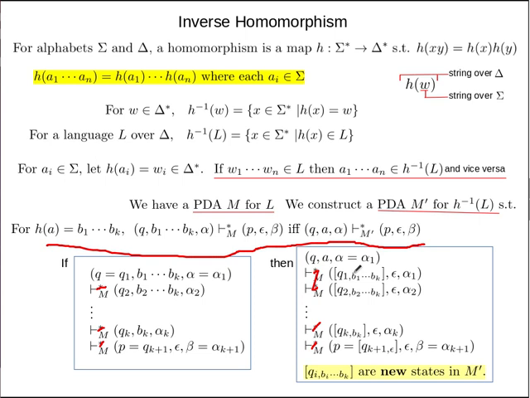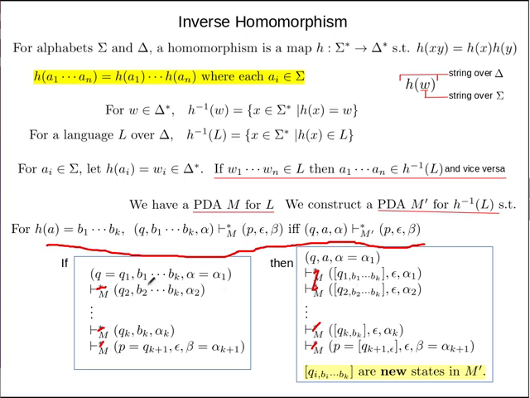We have all these new states labeled by these complex looking labels, but these are just states. So we have all these new states in M prime, and we include the transitions in M prime.